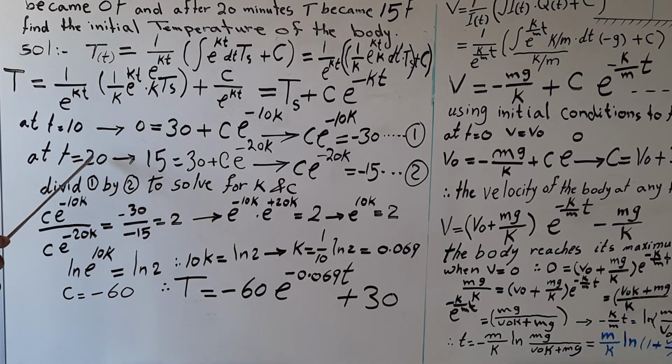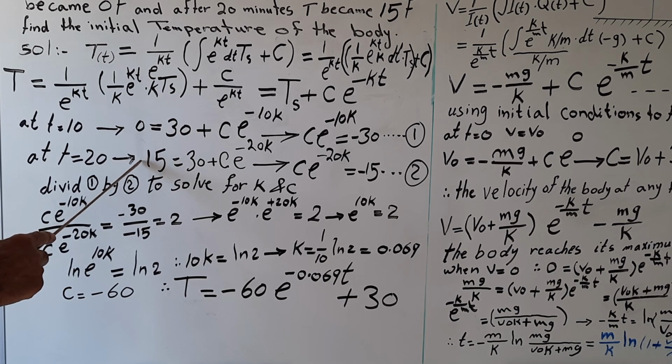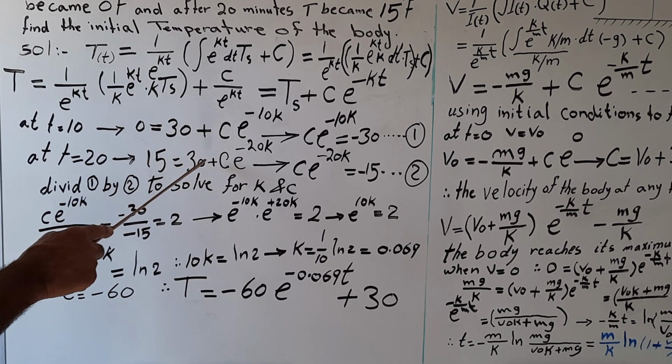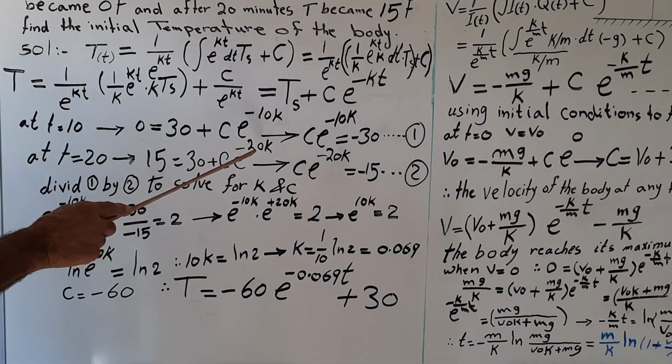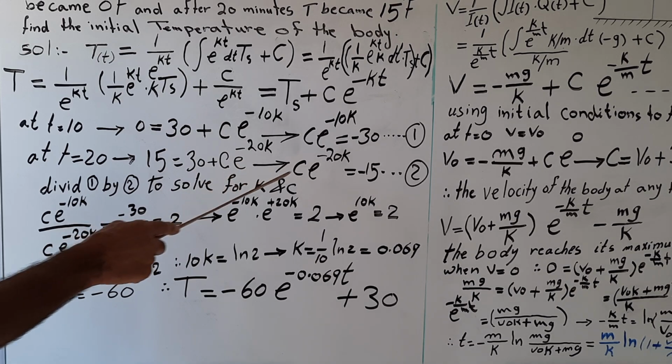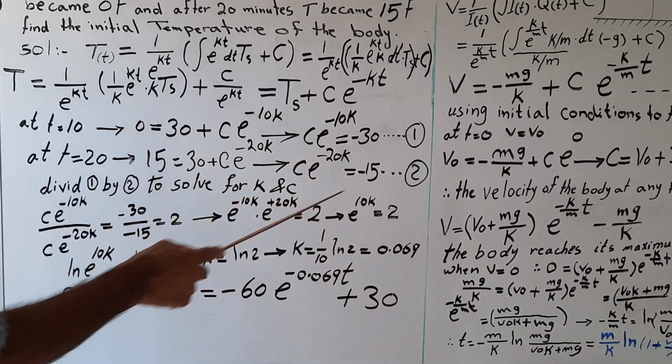At t equals 20, the temperature is 15, the same: 30 plus C e to the minus K times 20, at time 20 minutes. And then we got two equations.